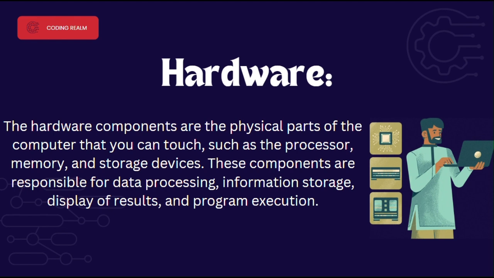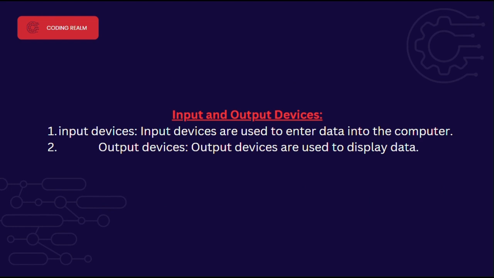Now let's talk about the main hardware components of a computer, and let's start with the input and output devices. The computer accepts data from some source such as a user, program, etc., which are called the input devices. The computer may be required to display the result of its processing.